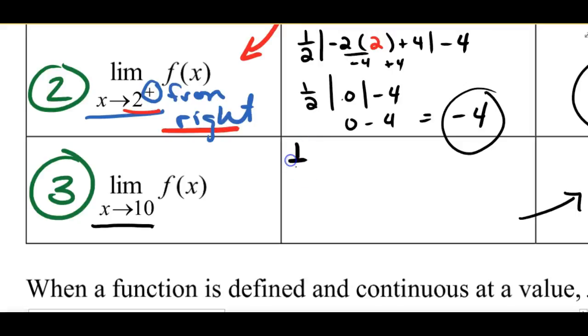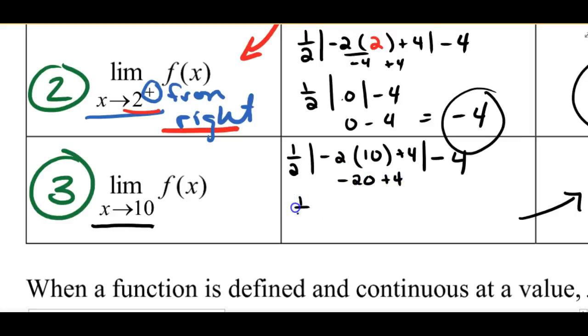Okay, 1/2 the absolute value of -2 times 10 plus 4, absolute value closes, minus 4. -2 times 10 is -20, plus 4 is -16. 1/2 the absolute value of -16 minus 4.